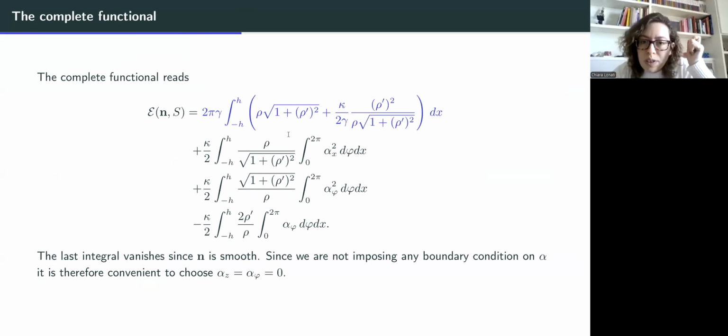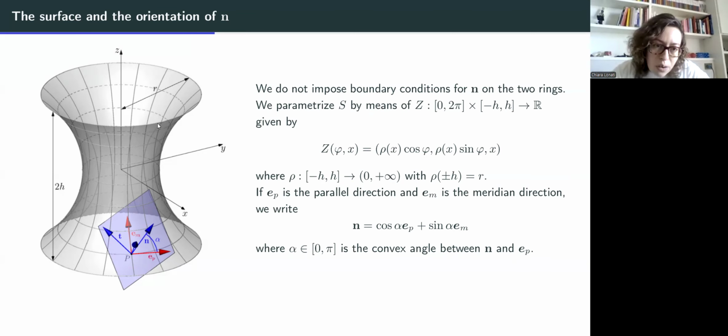This is a subtle thing in the first place, because in the functional I want to study, we do not really see the inclination of n with respect to the parallel. And so having a constant angle across all the points can be assumed just because we are not imposing boundary conditions for n at the boundary, so at the two circles.